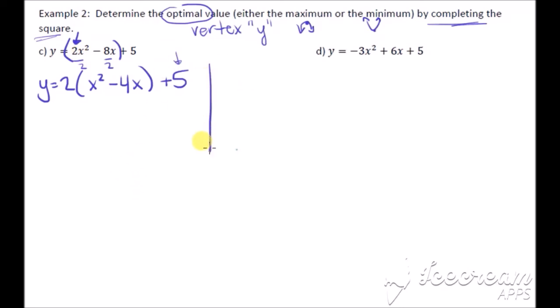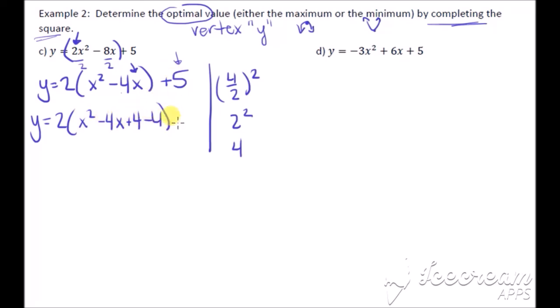Now we can start. We take that 4 to the side of our paper, divide it by 2, and then square it, and we get 4 again. So let's rewrite this, and inside this bracket, we're going to write plus 4 minus 4.